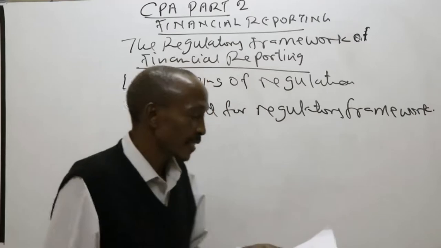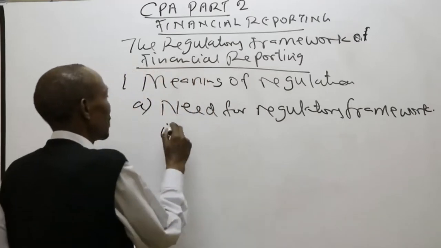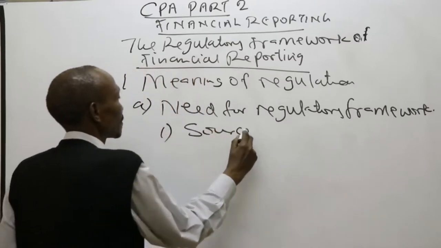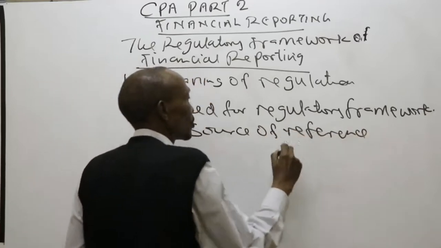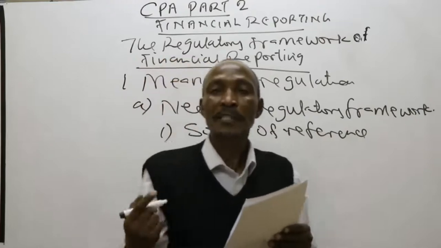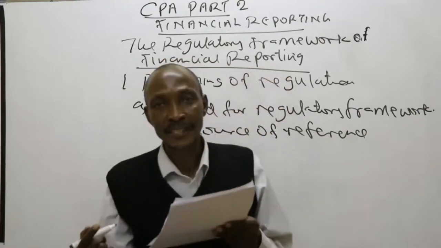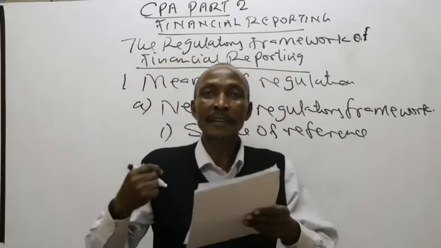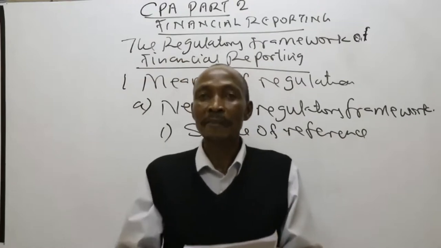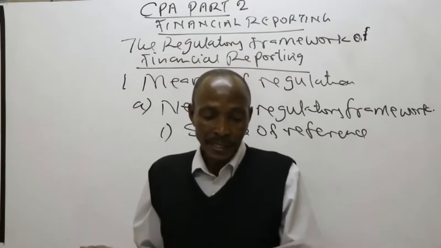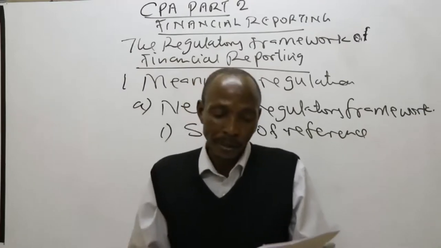So the first thing is that the framework is a source of reference. The reason we need a reference is that we speak the same language as accountants. We look at things the same way, we define things the same way, and we do it the same way. So for that to happen, we must have a common reference, and that reference is partly the regulatory framework.